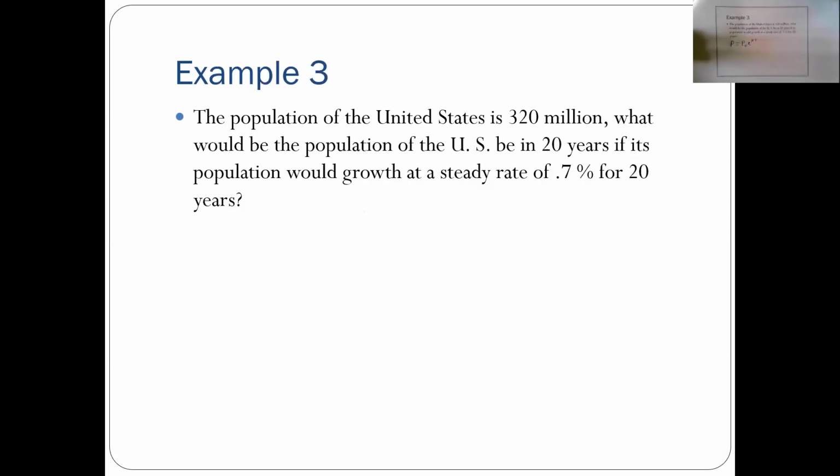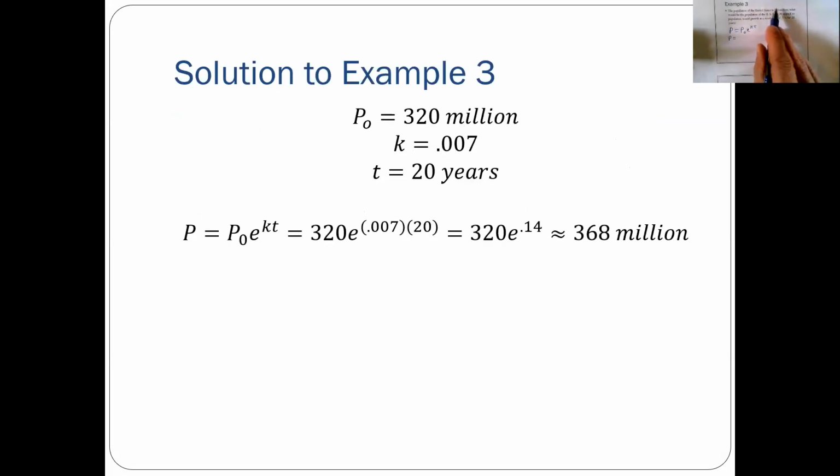Since I don't have a lot of space up here, I will write down the values here. Our initial population, P sub 0, that is just a subscript to separate it from P. That's all it is.